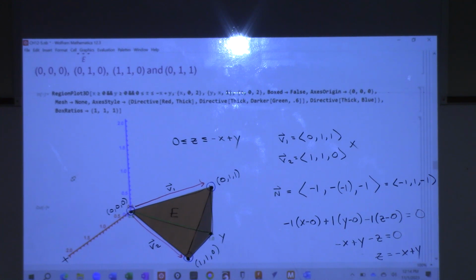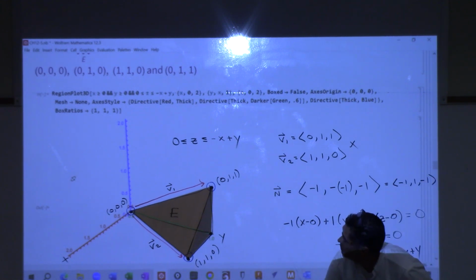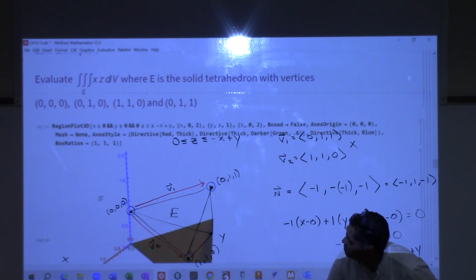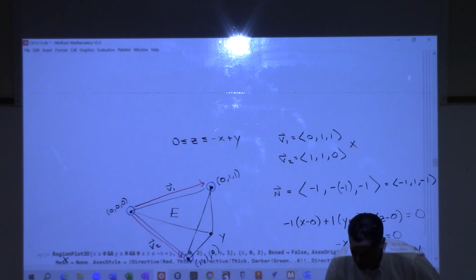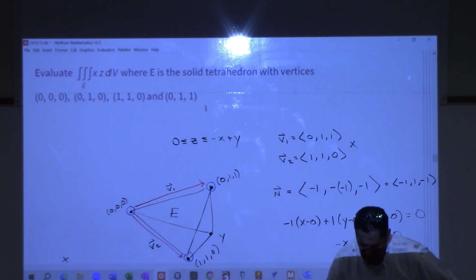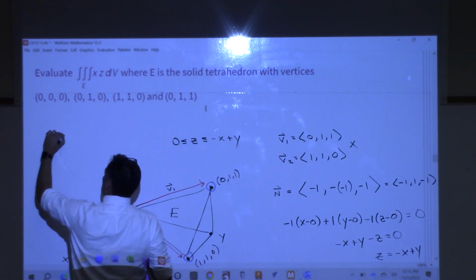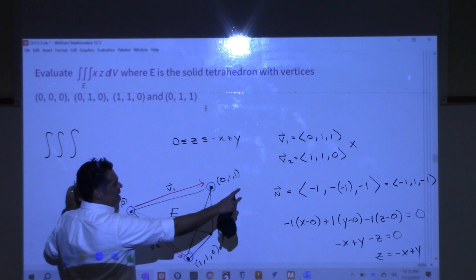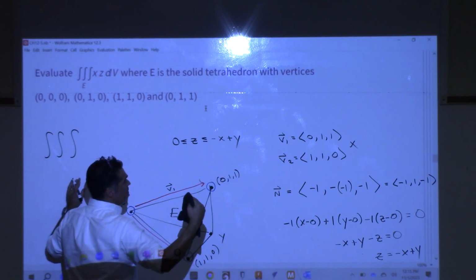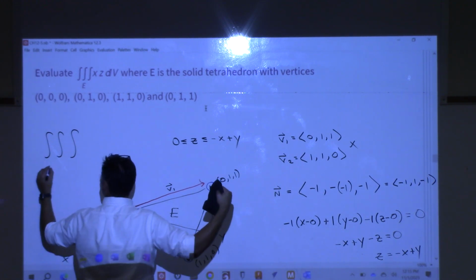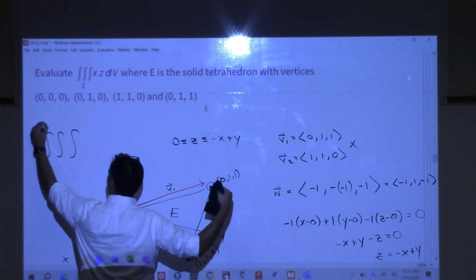Now we set up the triple integral, right? So we're supposed to do the triple integral over E of xz. Looking at my limits, I've erased them, but the y was between the constants, right? It was between 0 and 1.